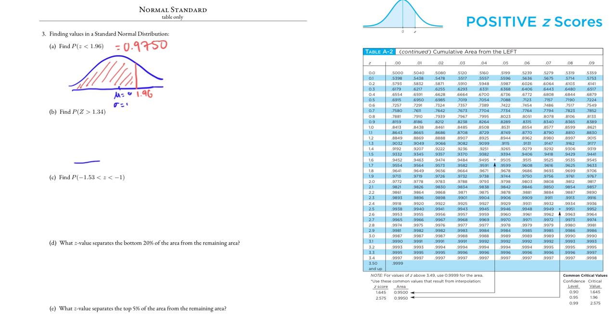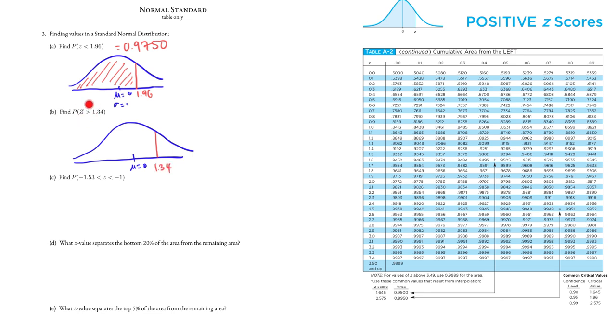We're looking for the probability where z is greater than 1.34. Same thing. First, we draw the bell-shaped curve, label the mean 0 in the middle, and indicate 1.34 as the z-score. That z-score is positive, and so we would draw a vertical line on the right-hand side of the mean, label 1.34.